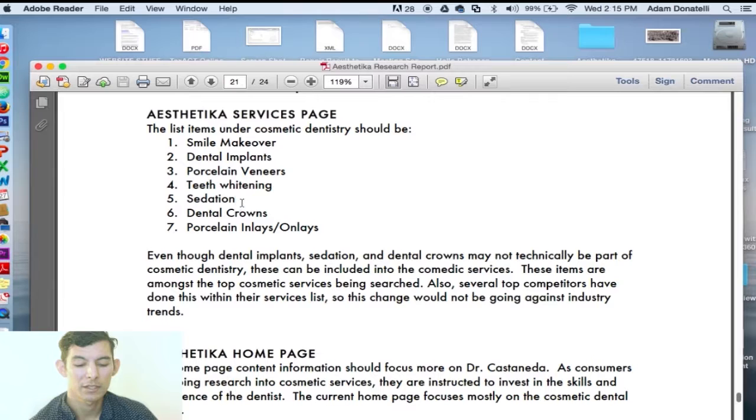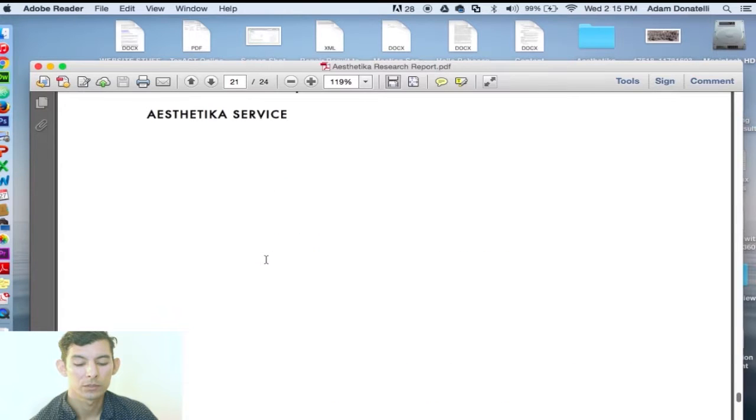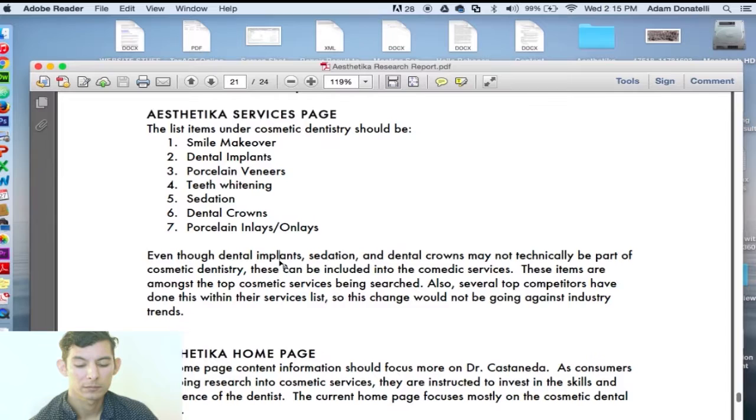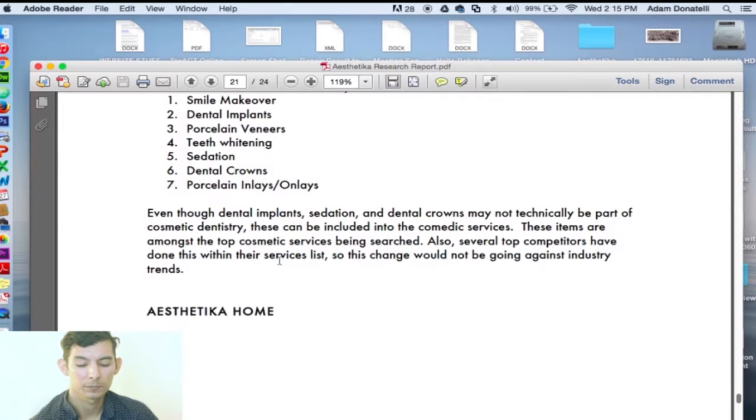You got sedation there. Competitors, we saw that was a key word and key area that people were searching. What I found was that competitors didn't even have a sedation page. So that's an opportunity for us to optimize and build that out.